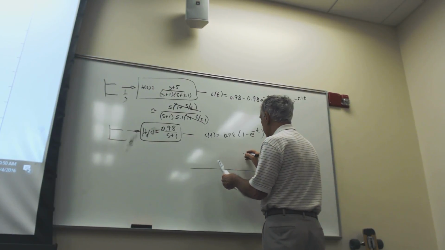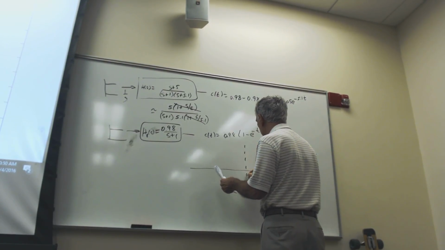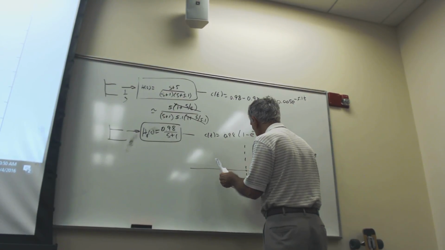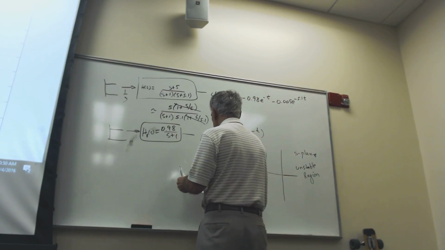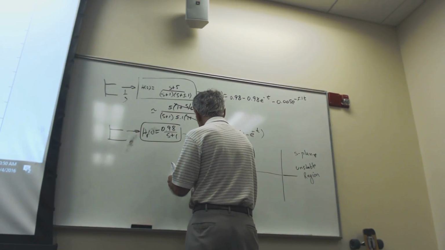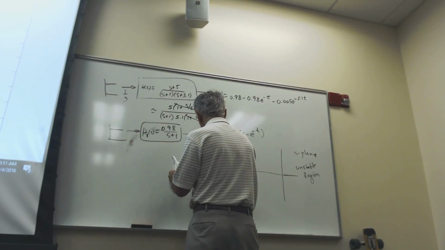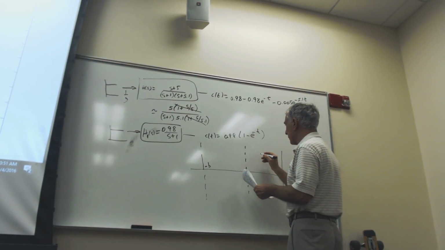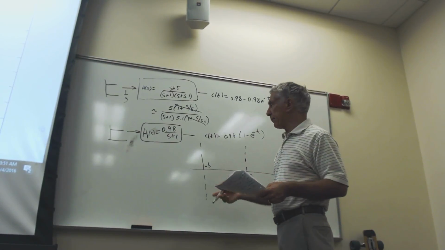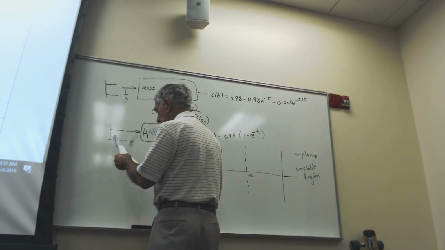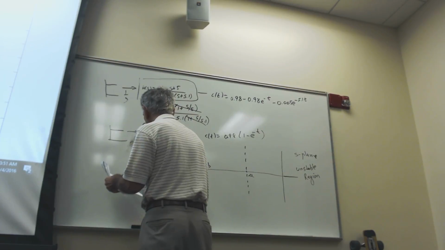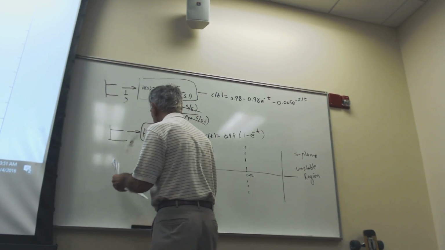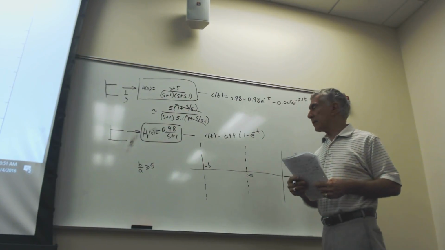We're going to call that point there minus A, and this point here minus B. Generally, the ratio B to A is 5 or greater. I'll tell you the reason why in a second.